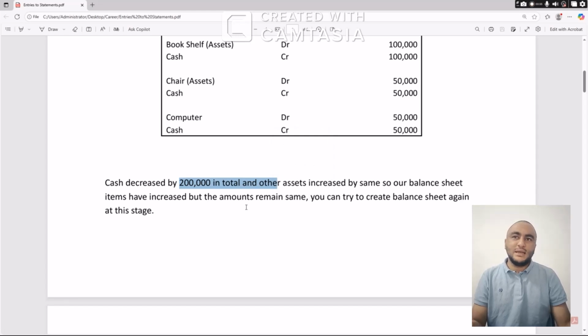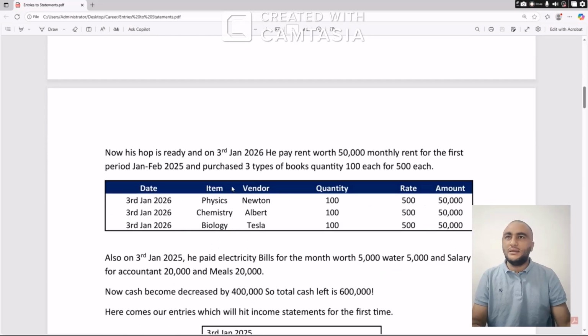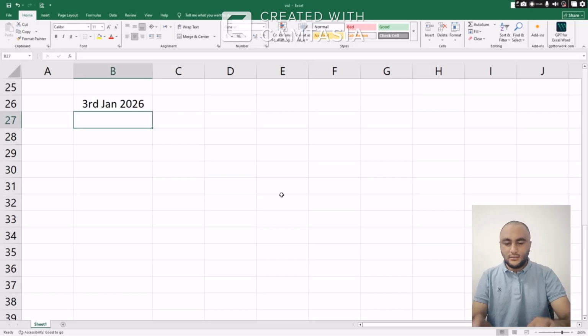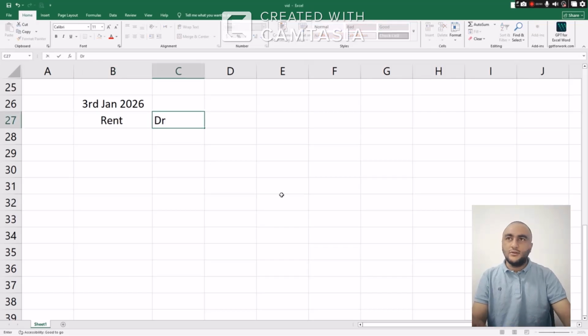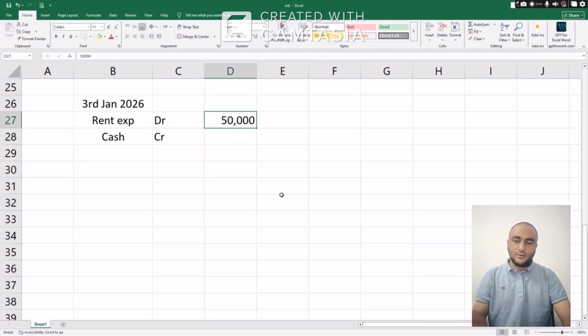As assets will hit the balance sheet, let's create some income statement items. We can say that we have paid rent of 50,000. So our rent expense will be debited with 50,000, and cash will be credited with the same amount.